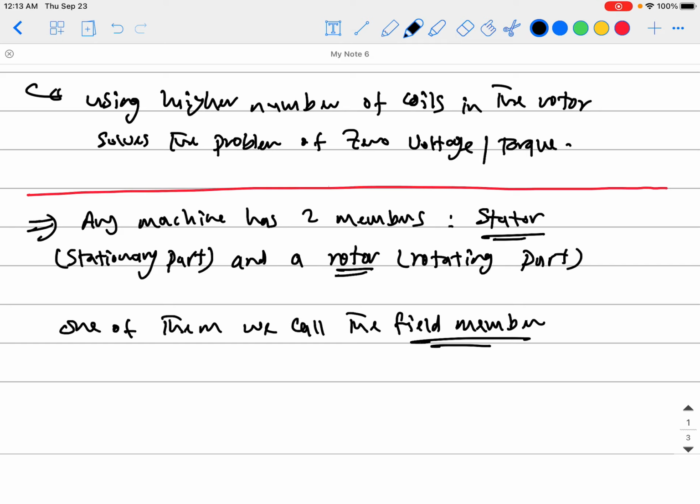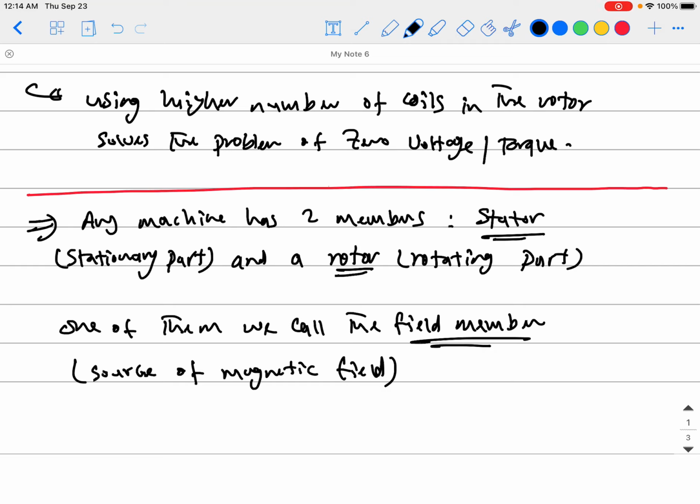Why this field member? That is basically the source of the magnetic field. We have said that to get a machine, we need a source of magnetic field, and we need coils crossing this magnetic field, and we need some sort of movement. If it is a generator, this movement is your input. You use an external mechanical source to give movement to the machine.